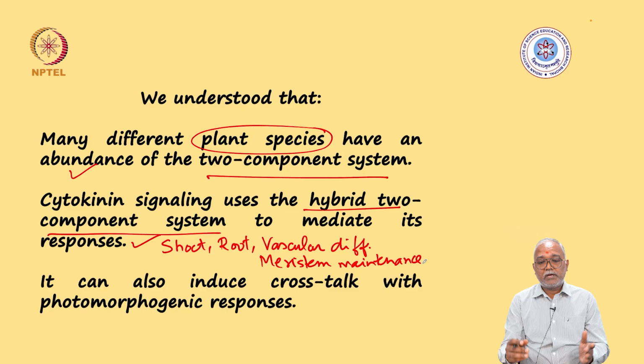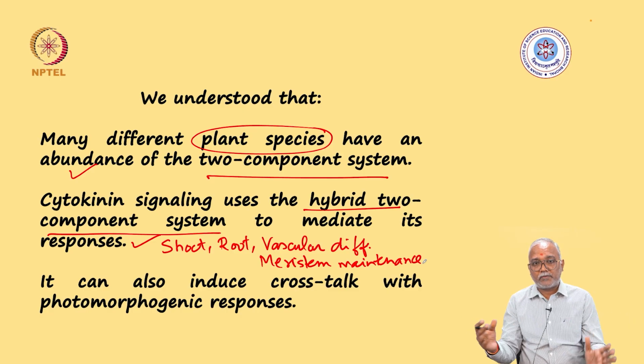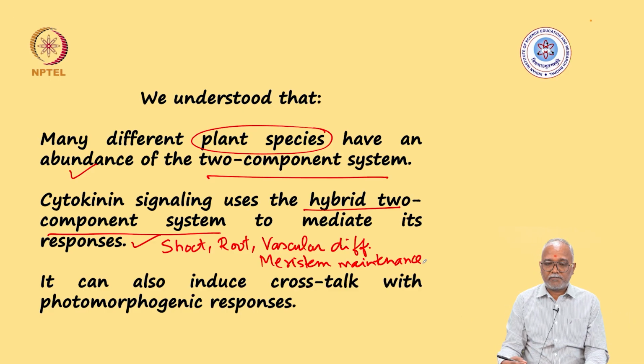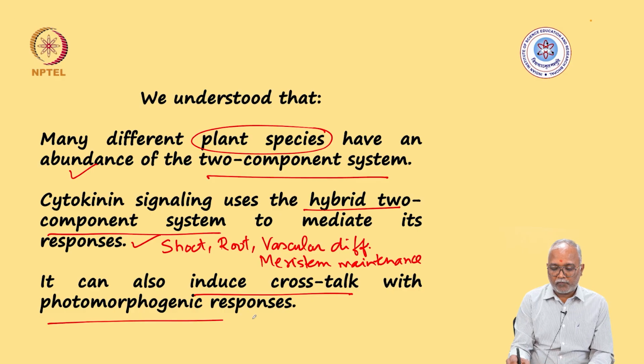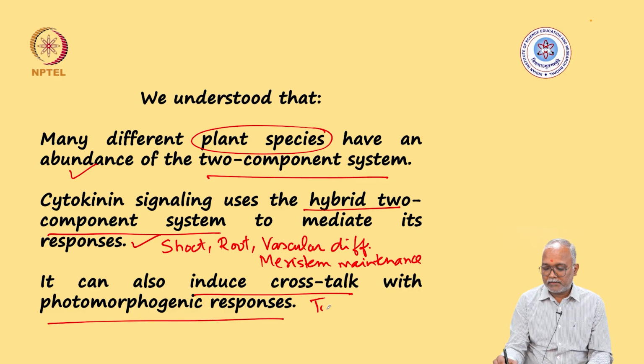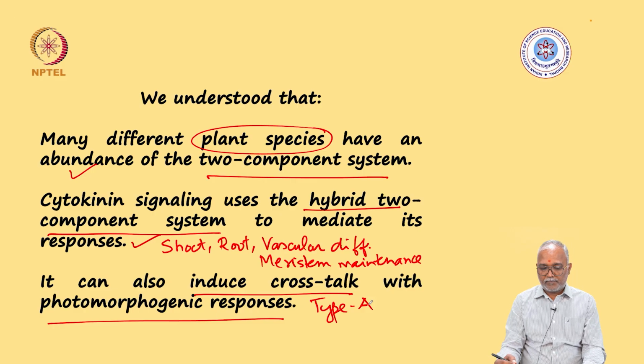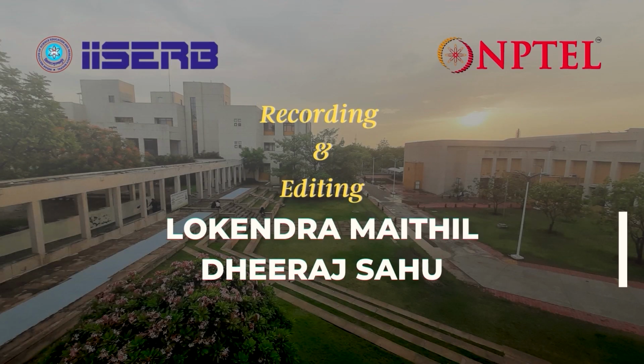We will see how these are connected to another type of signaling which plants exhibit normally, and the cytokinin response further induces a crosstalk with photomorphogenic response through the type A response regulator. Thank you.